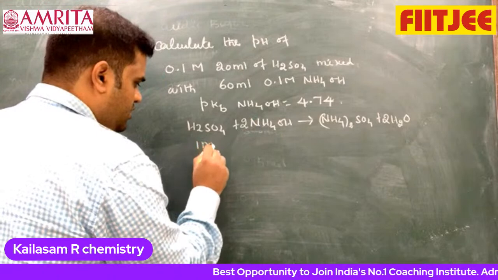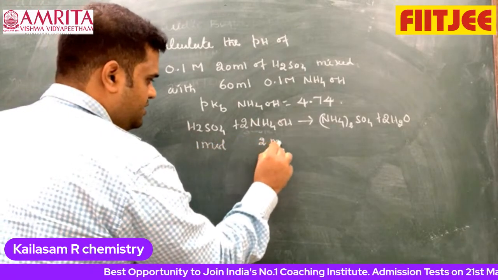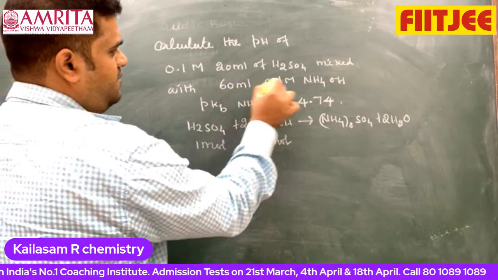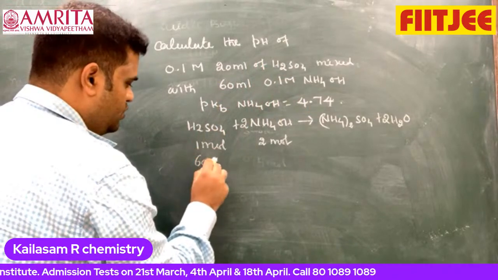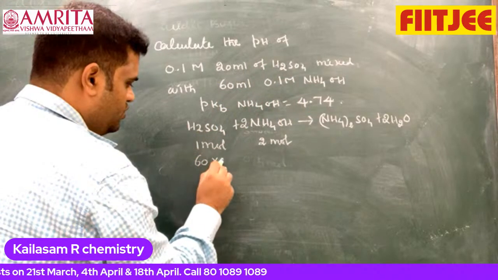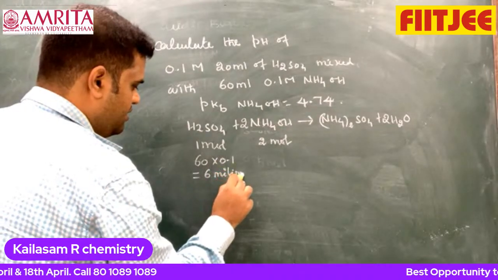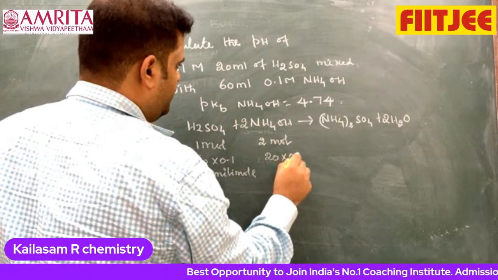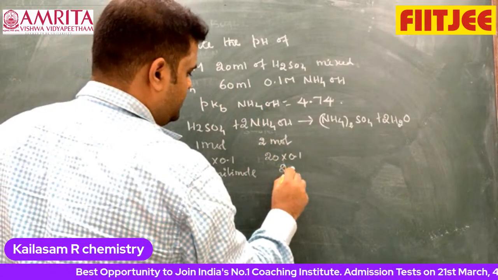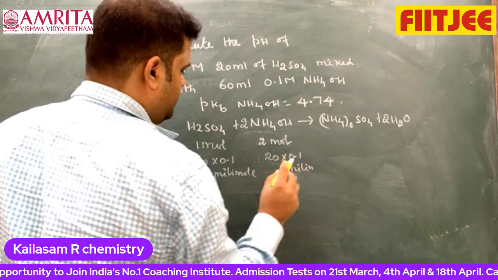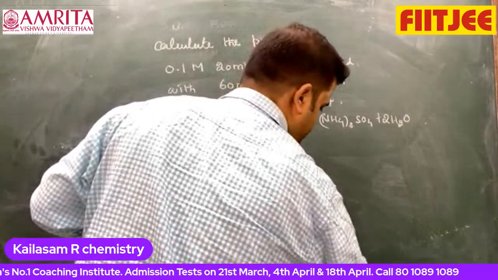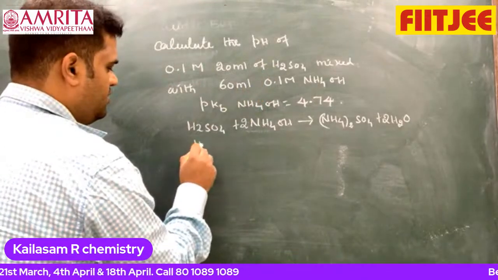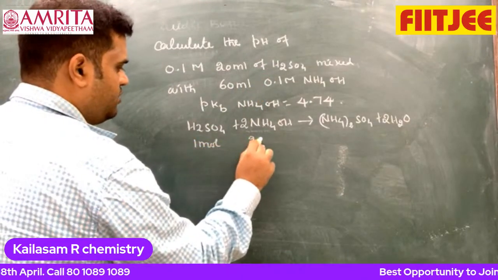That means 1 mole reacts with 2 moles. Now here, 60 ml, 0.1 molar, that means 60 into 0.1, I am going to get 6 millimole. Sorry, children, I made a mistake and reversed it. This is 1 mole, this is 2 mole, right only.